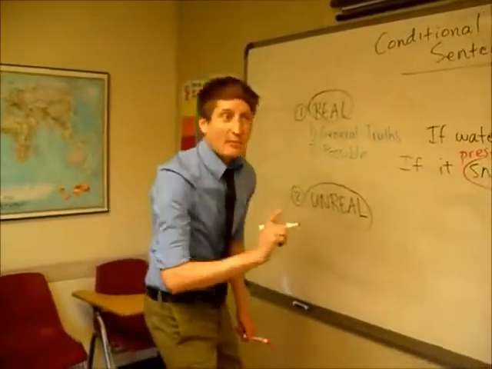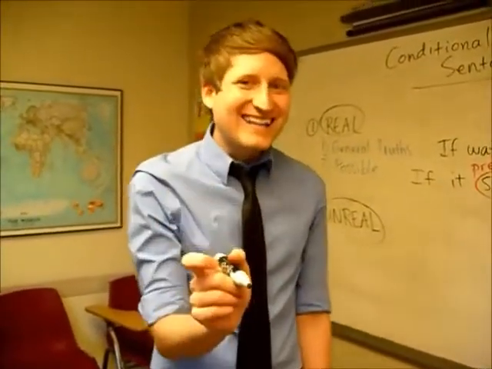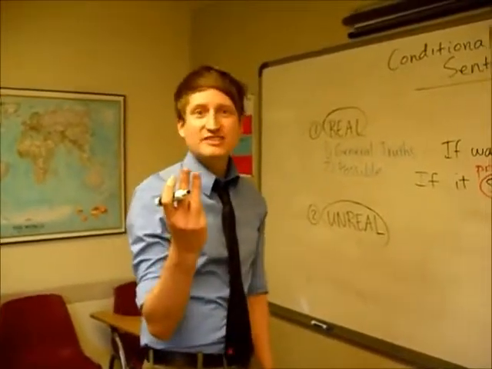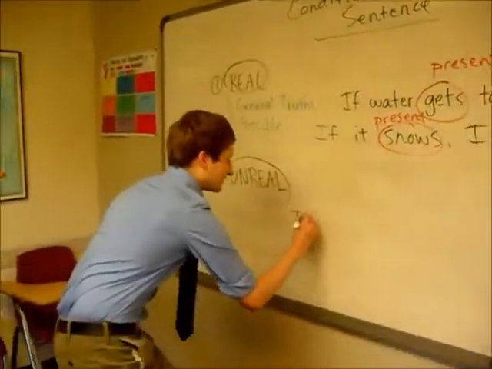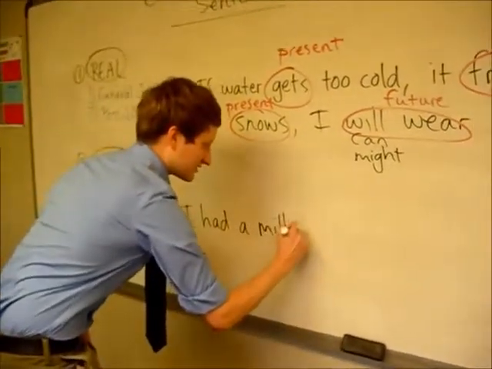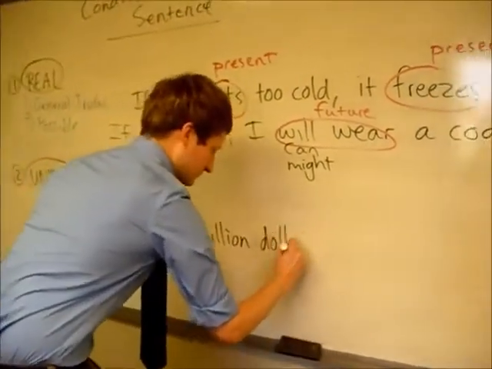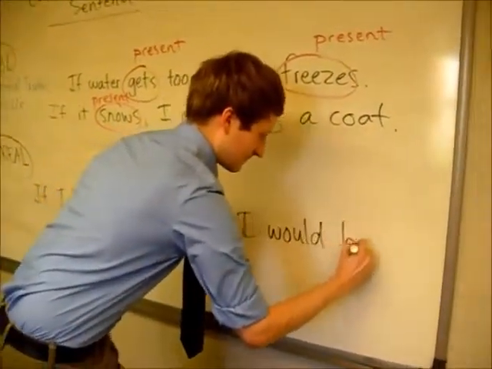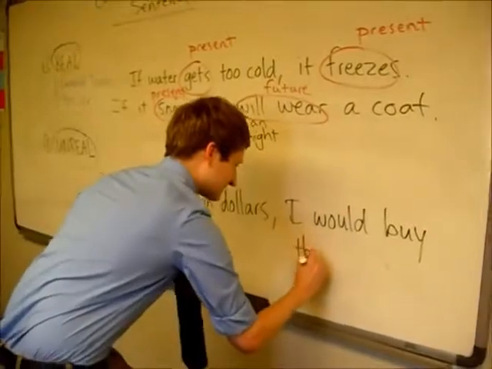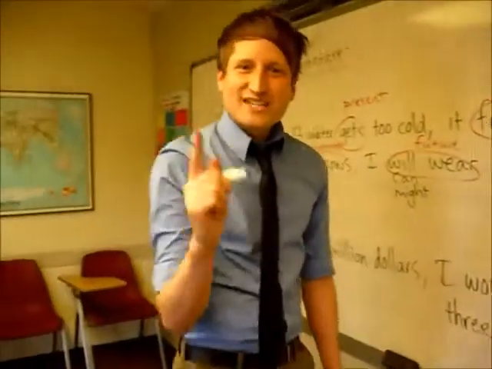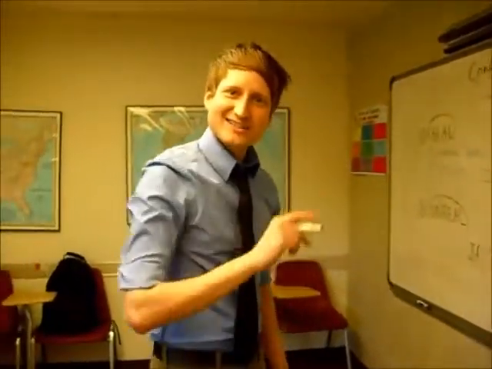I'm a poor man, but if I had $1 million, I would buy 3 houses, right? If I had $1 million right now, I would buy 3 houses. One in New York, one in Chicago, one in Los Angeles.